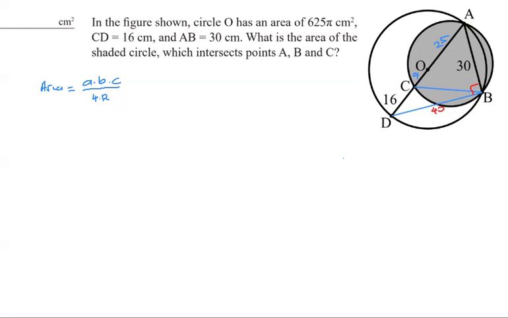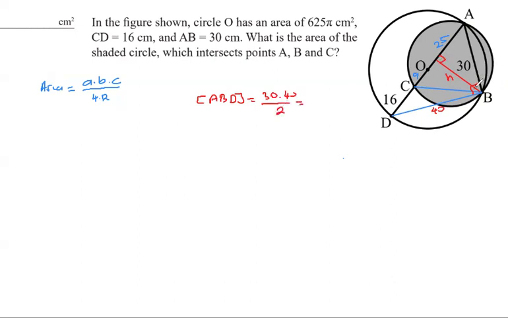What we can do is drop the altitude from B to AD, because if I find the area of ABD in 2 different ways, I can easily find the height. If I name this H, the area of that ABD can be written as 30 times 40, the leg and the leg, divided by 2.